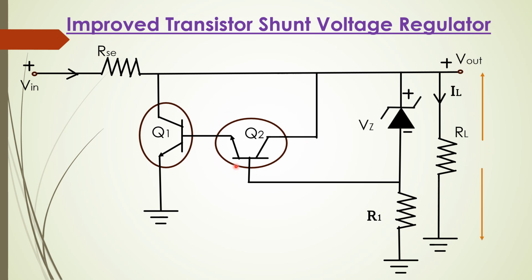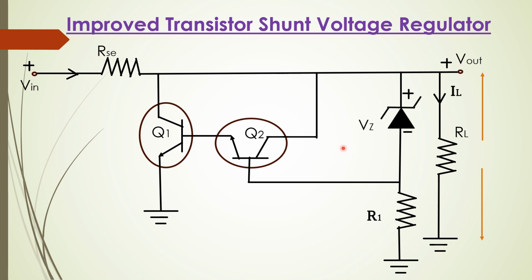Transistor Q2 provides a larger current, which means IB, to Q1. The base current of Q1 is provided by Q2, and so this regulator handles a larger load current IL. That is the most important point to be noted here.